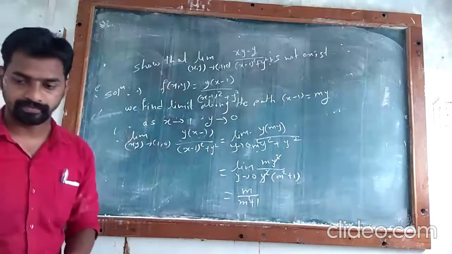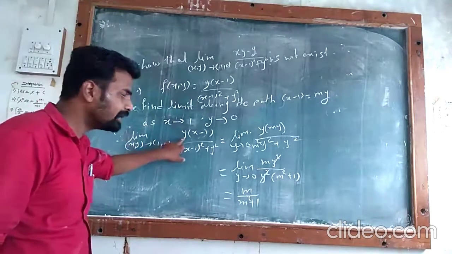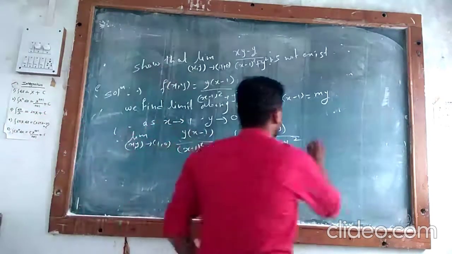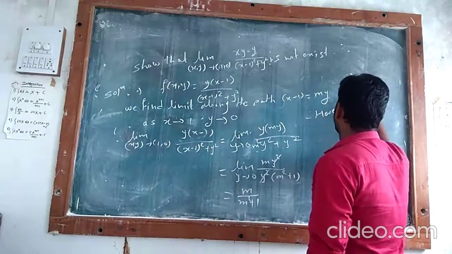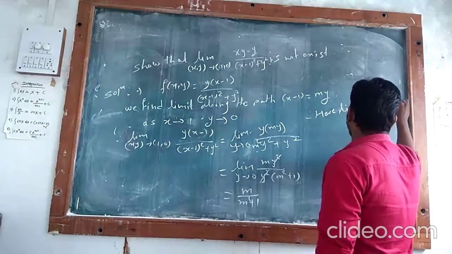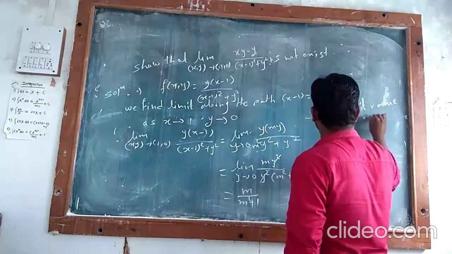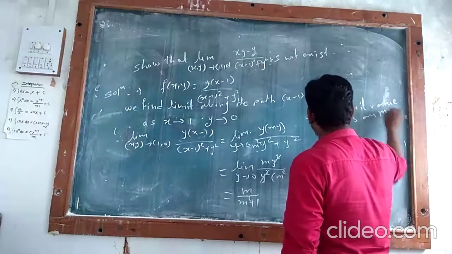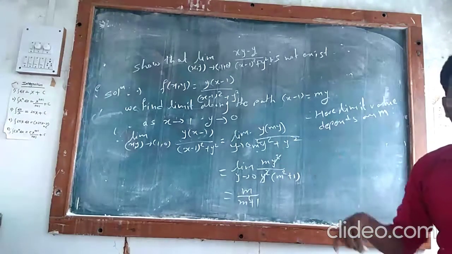Here also the limit value depends on m. लिमिट वैल्यू m वरती डिपेंड आहे आणि m चेंज केला तर लिमिट काय होणार आहे? चेंज होणार आहे.